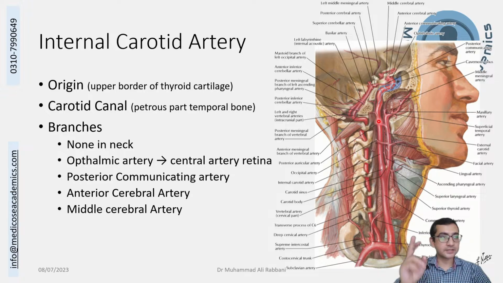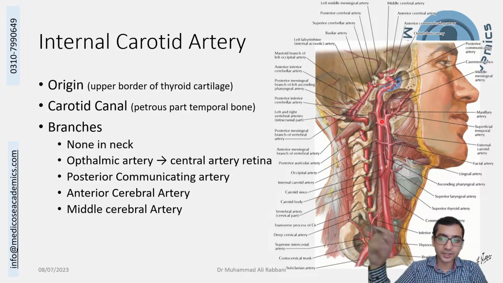That is the interesting thing that we remembered: the common carotid artery is a part of the carotid sheath. But as soon as it bifurcates, the external carotid artery goes out of the carotid sheath, but the internal carotid artery continues all the way up in the carotid sheath, and it enters the carotid canal on the base of the skull that we saw in the first lecture of the head and neck.